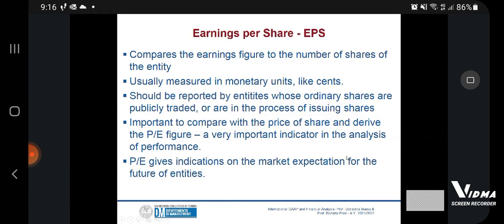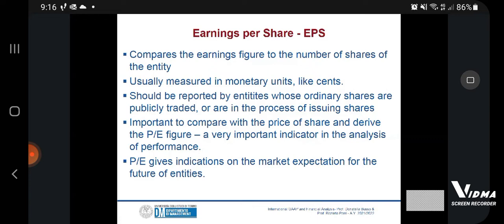As I said, the P/E ratio is the price of the share in the market divided by the earnings per share figure found in financial statements and regulated by IAS 33, the objective of today's lecture. The P/E ratio gives an indication of the market expectation for the future of entities.